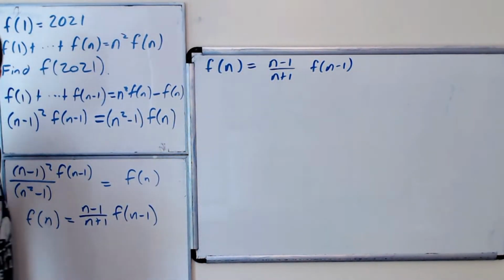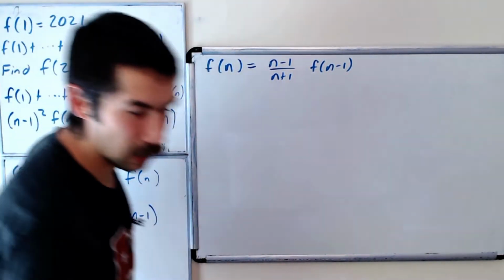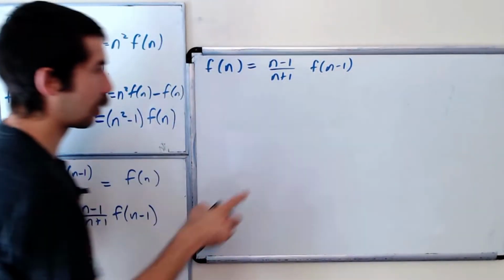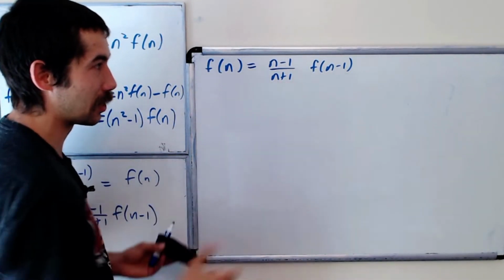Okay, and so what we're going to do is replace f of n minus 1 with n minus 2 over n minus 1 plus 1, f of n minus 2.